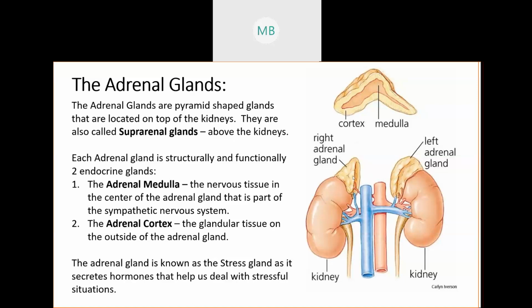Because they are above your kidneys or on top of your kidneys, they can also be referred to as the suprarenal glands. If you see the word renal in something, it means it is pertaining to your kidneys. Supra means above, so above your kidney glands, right? That is the fancier term for your adrenal glands. Most people just refer to them as your adrenals.